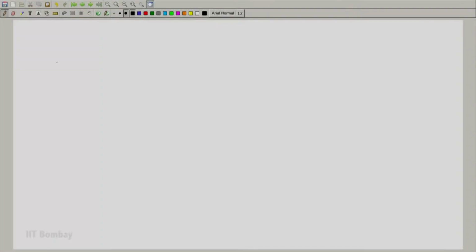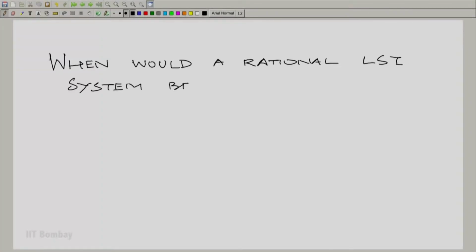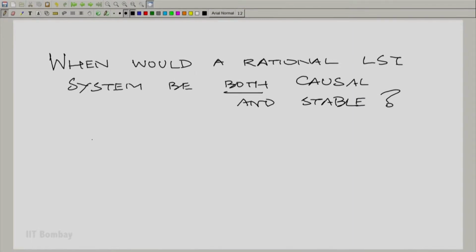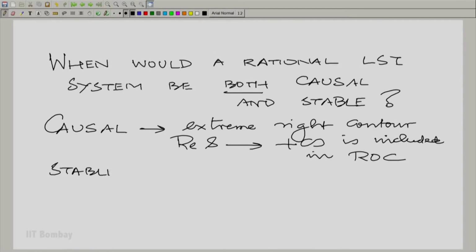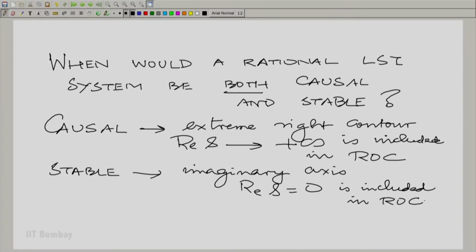Now, what do you require if a system is both causal and stable? Let us put it down. Well, causal means the extreme right contour, real part of S tending to plus infinity, is included in the region of convergence. Stable means the imaginary axis is included in the region of convergence.